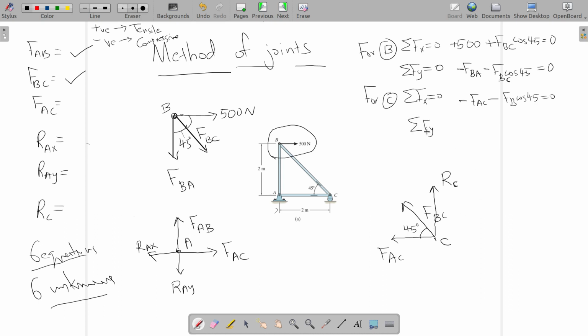Net force in y direction should be 0. That means RC, that is positive because it's upwards, plus the vertical component of FBC, FBC cos 45, that is also positive because it's again upwards.